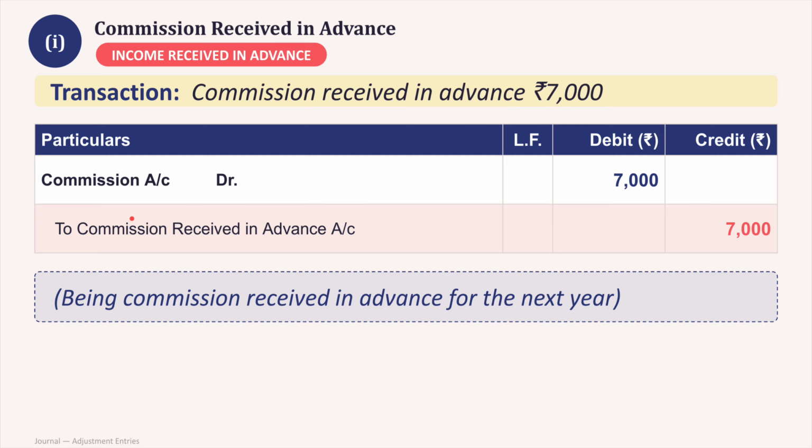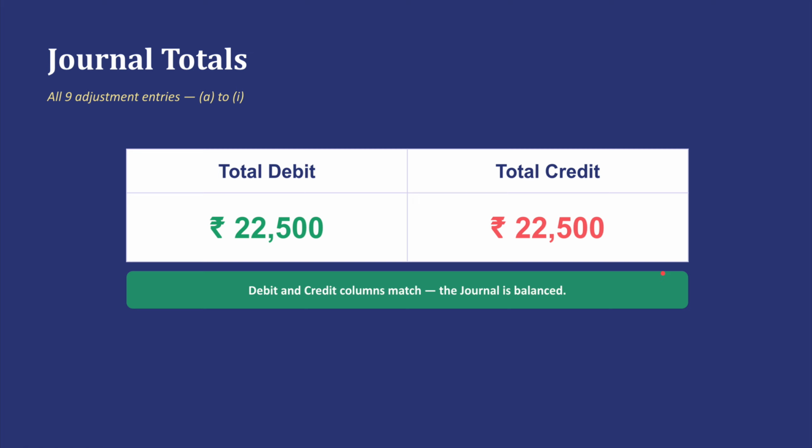Okay, so any increase in liability has to be credited, and the income has to be debited. So hence the entry will be commission account debtor to commission received in advance account. Okay, being commission received in advance for the next year. So you can write the amount, the total 22,500.